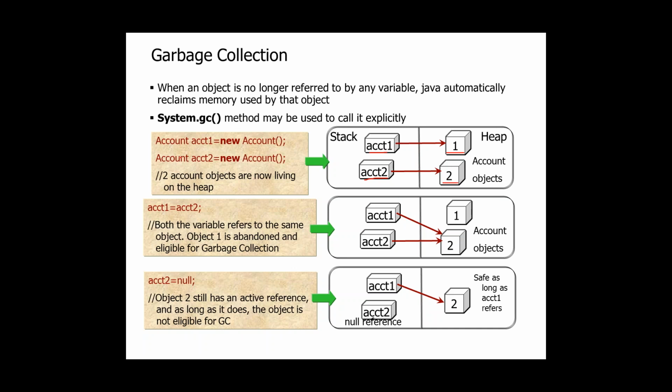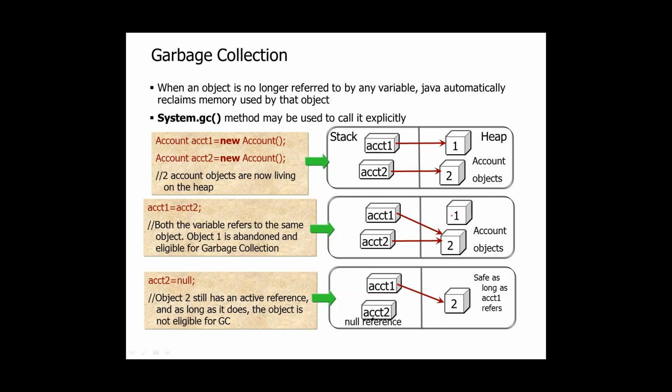So in case where I'm pointing account 1 equals account 2, I'm actually referring the account 1 reference to the account 2 object. So this is the account 1 reference, it is referring to the account 2 object. So now both the references are pointing to the same object.